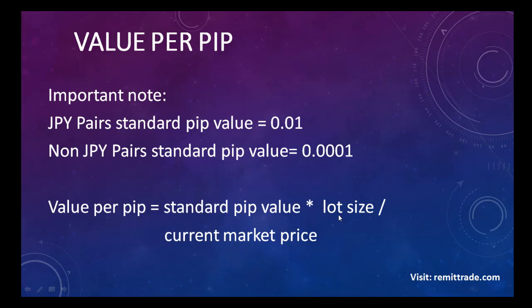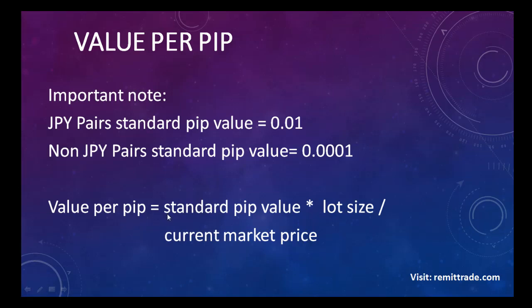You're going to put 10,000 units of a base currency. If you are considering 0.9, you're not going to put 0.9 as your lot size. You're going to put 90,000 units of a base currency. All right. So if you have your standard PIP value multiplied by lot size divided by the current market price, you will have your value per PIP.